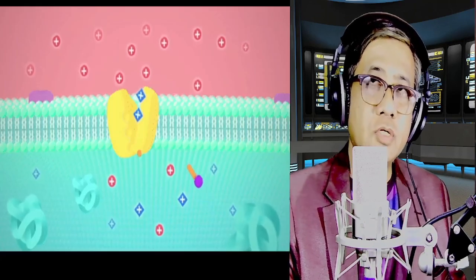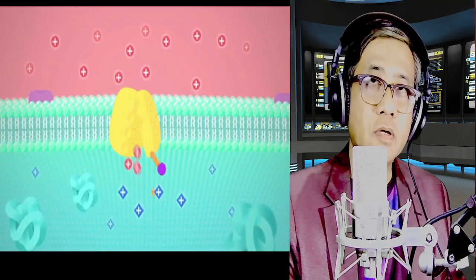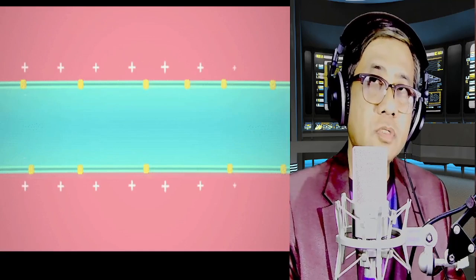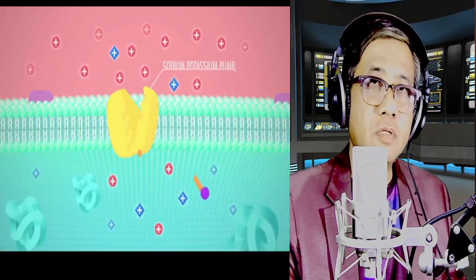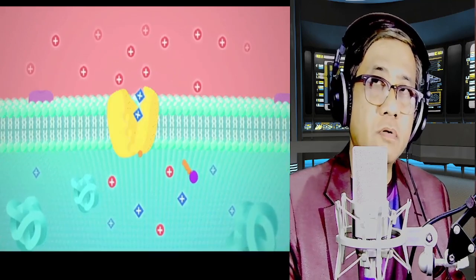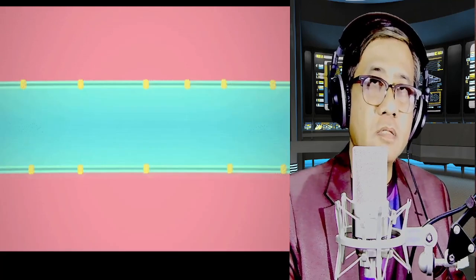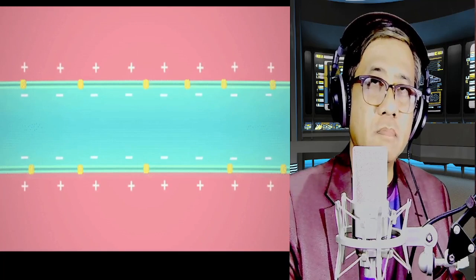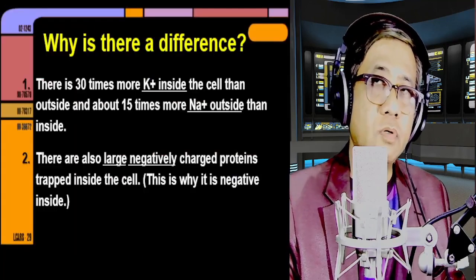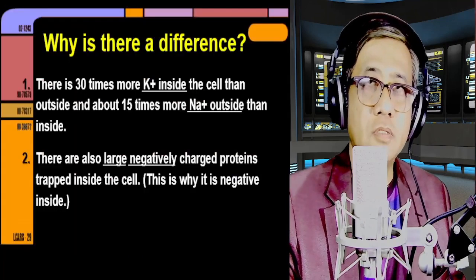And this sodium-potassium pump will create a difference in charges in and out of the cell. So eventually, if the process continues, the outside of the cell becomes positively charged and the inside of the cell becomes negatively charged. So this is what we call a resting membrane potential.